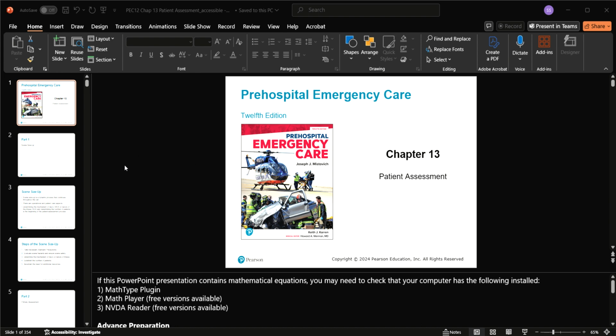In the neck, jugular vein distension or tracheal tugging, or deviation. Any suspected spinal injury, they need a cervical collar. All right, we're going to talk more about JVD and tracheal deviation in our trauma sections. I suggest going through your book and looking through these a little bit more significantly.